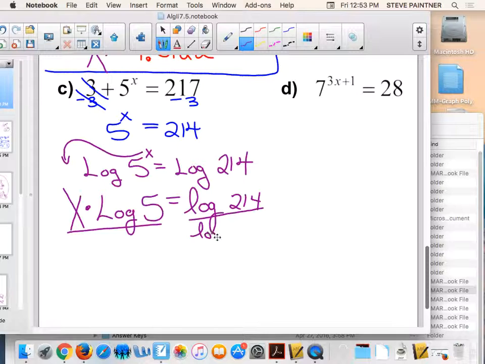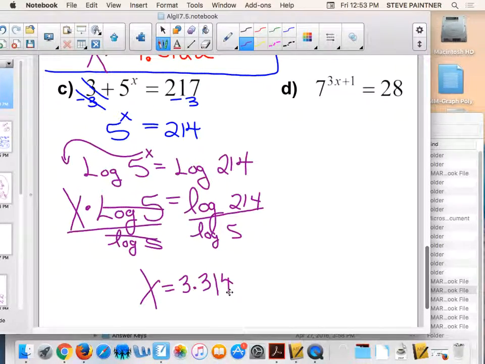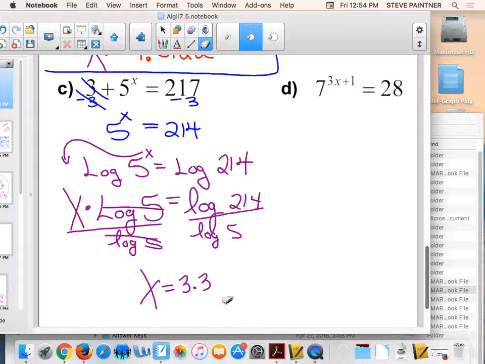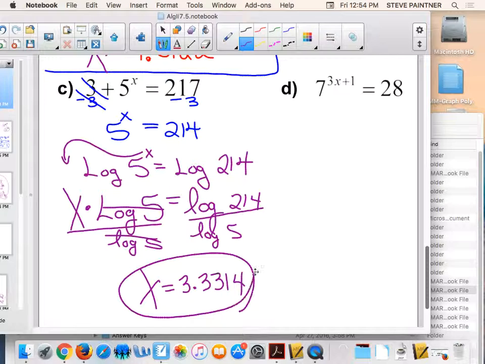Division. Divided by log of 5 cancels out. What's log of 214 divided by log of 5? 3.3314.